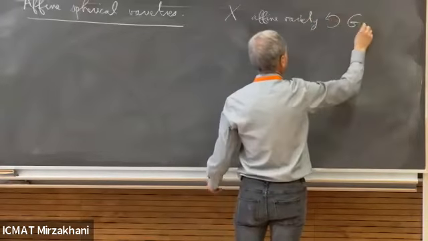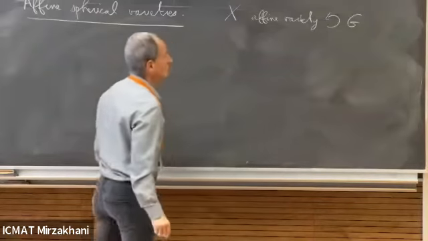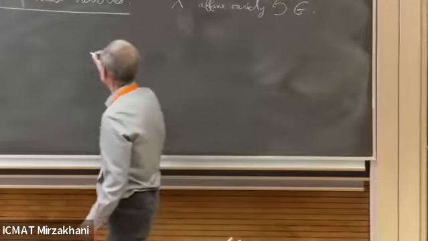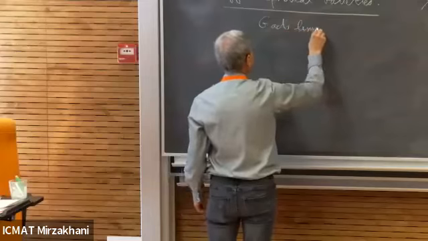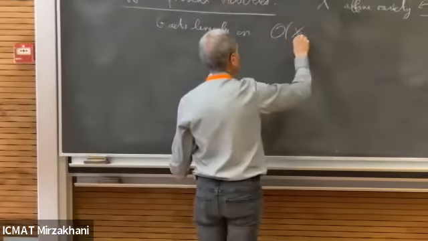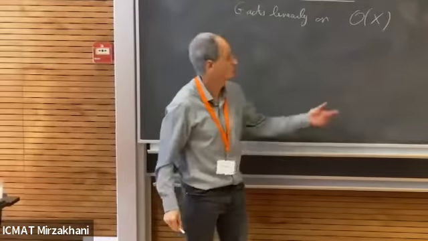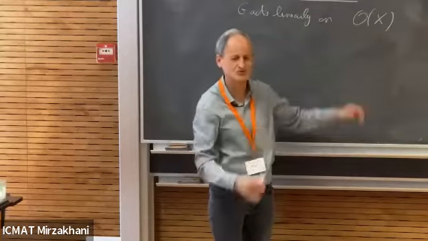There is an action of G, which is again a reductive group. And then G acts on the ring of regular functions on this variety. This will be my notation for this. This was K bracket X in the previous talk.